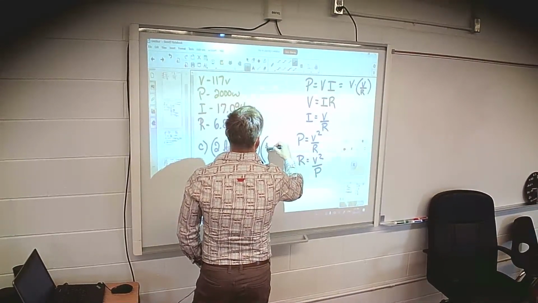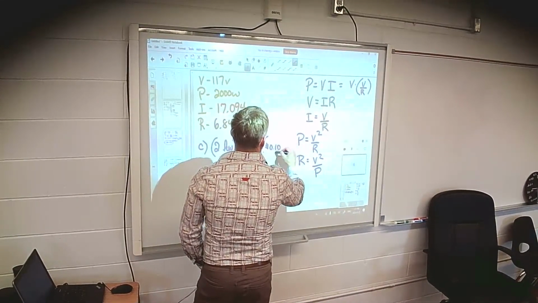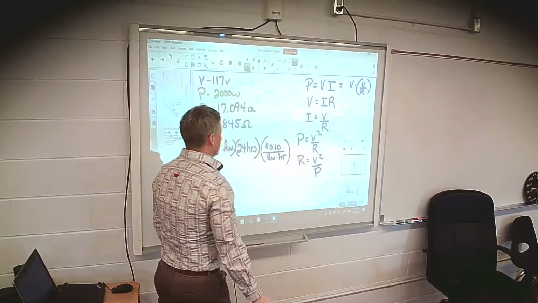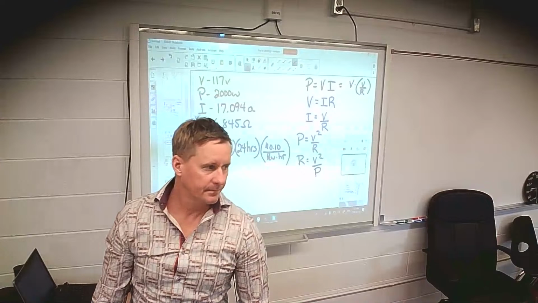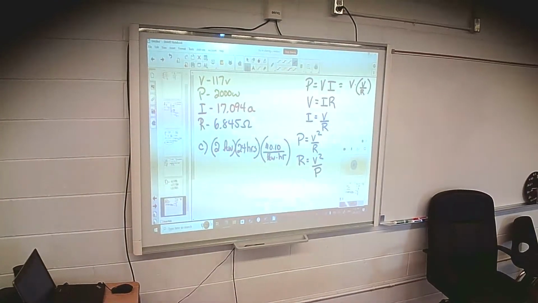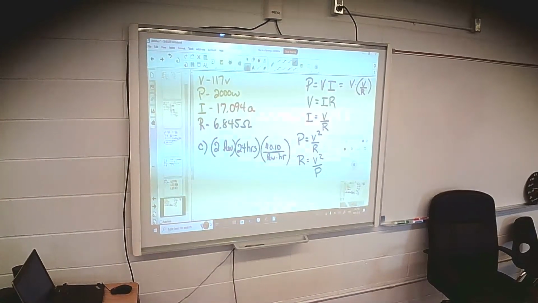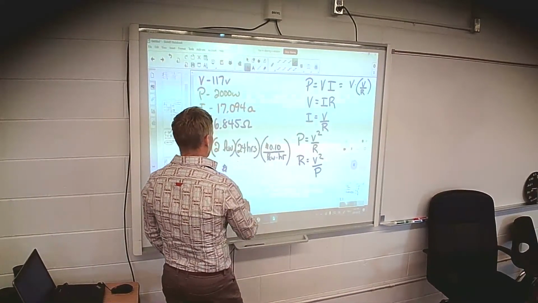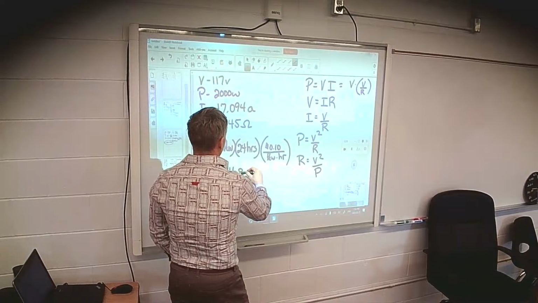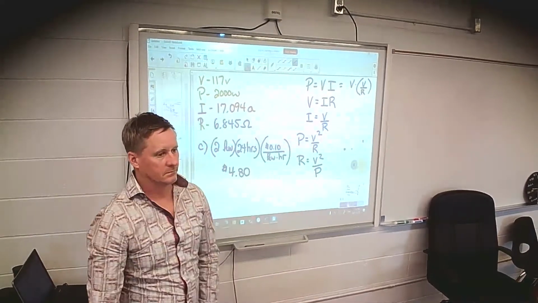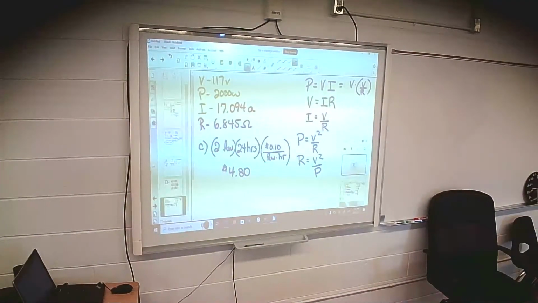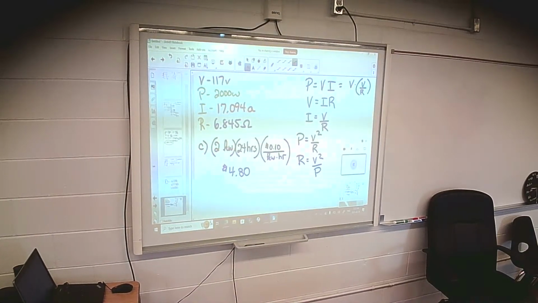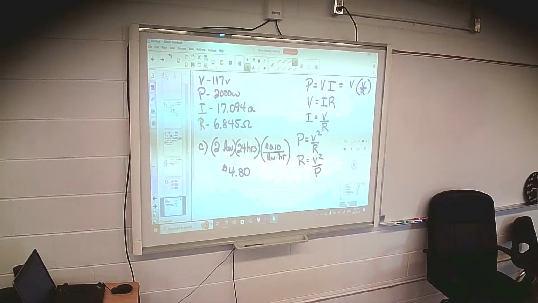No, you're right the first time. 10 cents per kilowatt hour. So how much is that? $4.80. Is that right? Yeah. 2 times 24 times 10 cents. Okay.